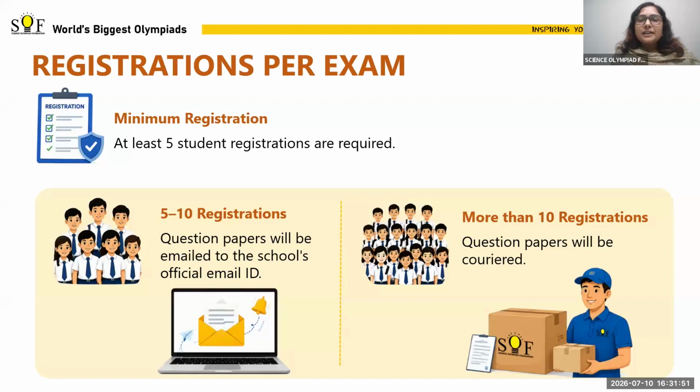Because imagine 2 schools, both with equally talented students. One school registers only the minimum 5 students that is required, because they believe only a few students can perform well. On the other hand, the other school encourages every interested student to participate, believing that Olympiads are not just about winning medals, but about giving children an opportunity to learn, compete, and grow.